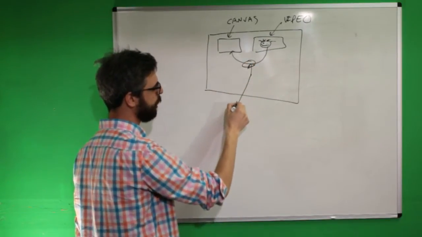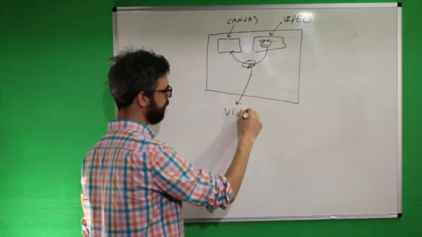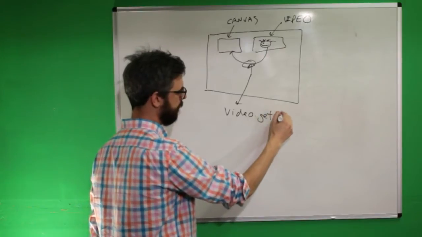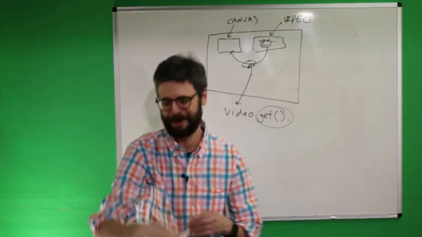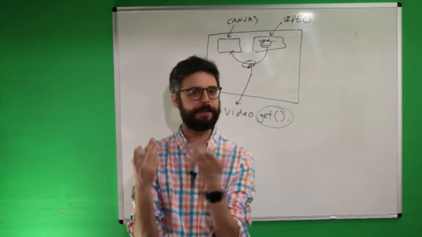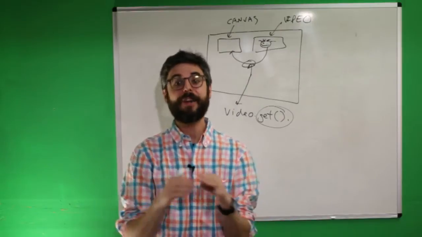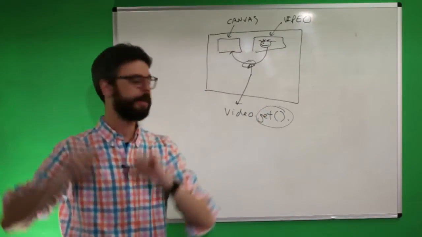And the thing that I want to do is actually call the function get. So get is a function that maybe I'll get to a little more later, which is a way of grabbing pixels from the image itself. But if I call get with no arguments, what it does is it grabs an entire copy of that image.